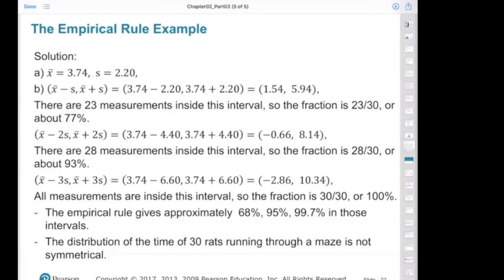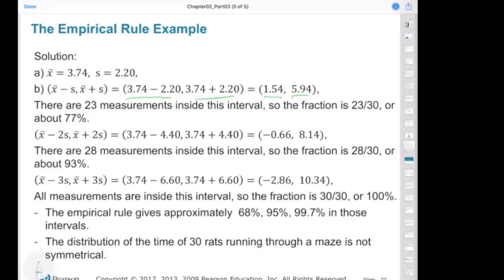So our first interval, as you can see here, after we substitute them in the interval, is from 1.54 to 5.94. This is the first interval. Now we start to count how many numbers in our data fall in this interval.